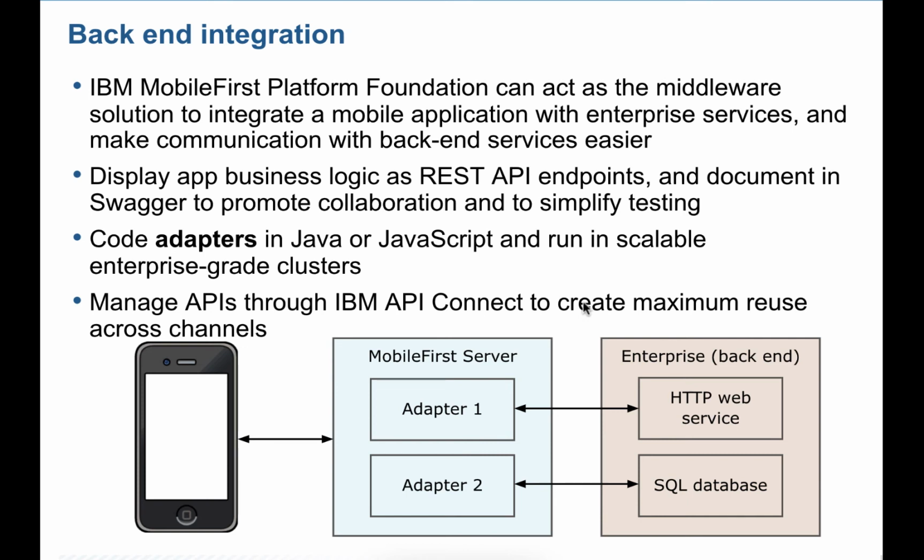And apart from that, since you are getting an adapter, and an adapter is nothing but something that makes a REST API call, an HTTP web services call, it will make a backend call, right? Those REST API endpoints you can see in Swagger. The Swagger documentation is inbuilt actually, and you can look into that.